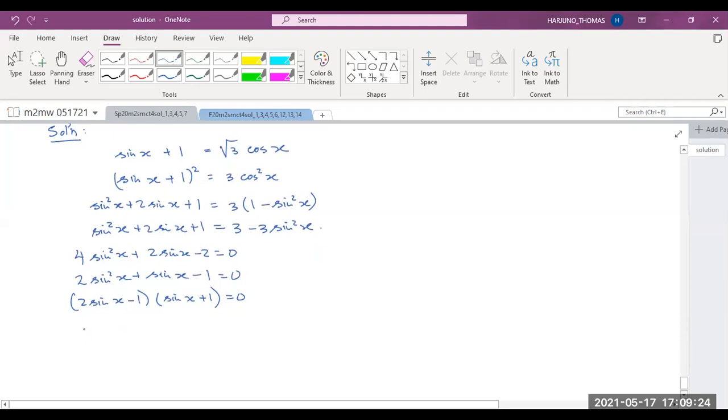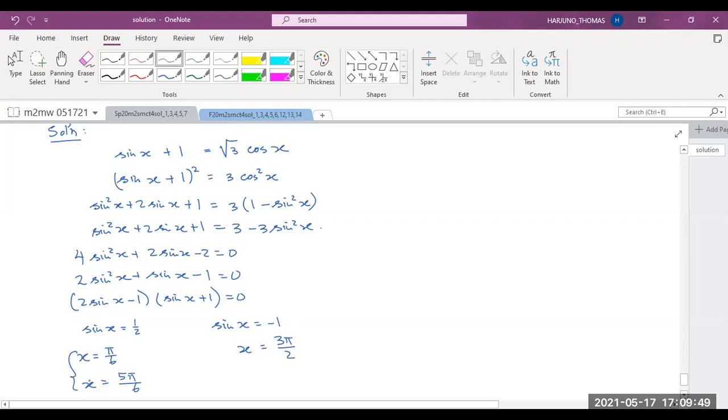Now sine x equals 1/2 or sine x equals negative 1. This will be 3 pi over 2 in the first period. We just need the first period. Now x equals pi over 6 or 5 pi over 6.